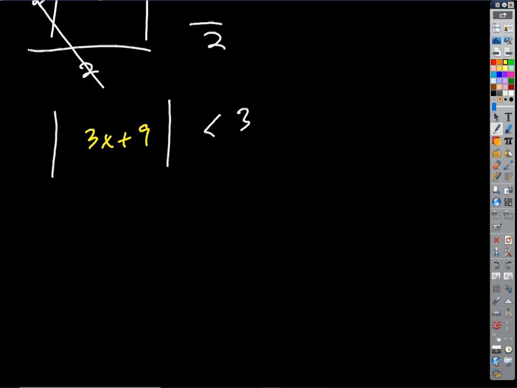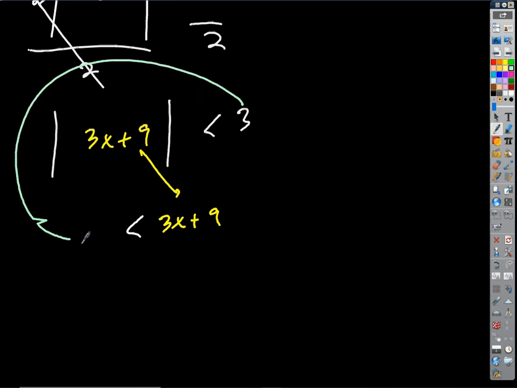Whatever's inside is going to be greater than negative 3 and less than positive 3, right? Okay, that's where we make our transition, so we get rid of the absolute value bars. Now we can solve this compound inequality to get our solutions, right?